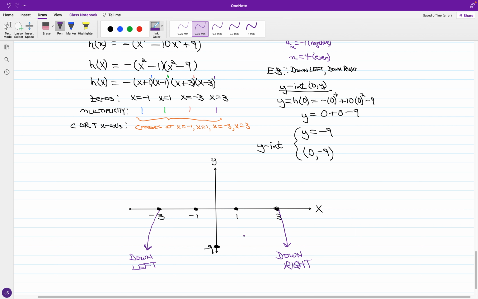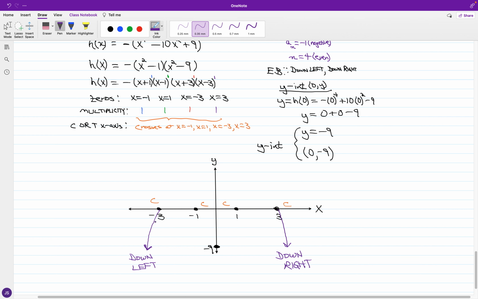And for the items in between, at negative 3, as well as negative 1 and positive 1, and x at positive 3, we're going to have crossing throughout.